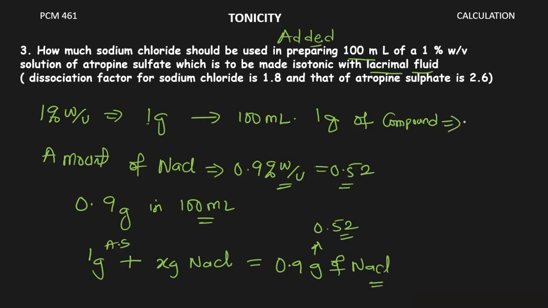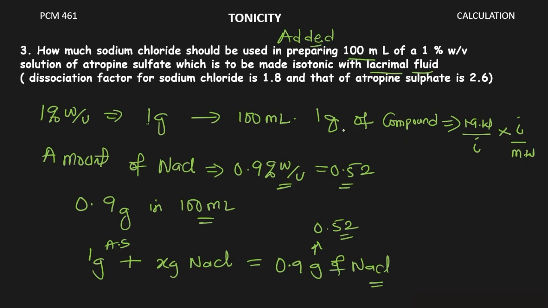The formula we are going to use is the molecular weight of sodium chloride divided by the dissociation factor for sodium chloride, times the dissociation factor of that compound divided by the molecular weight of that compound.